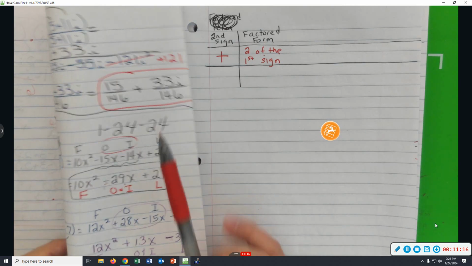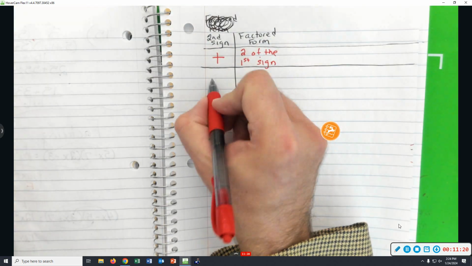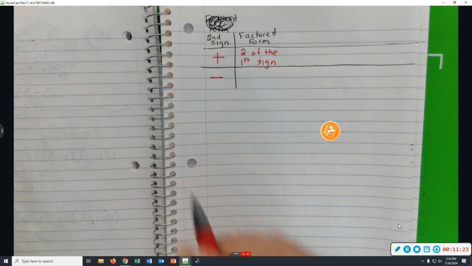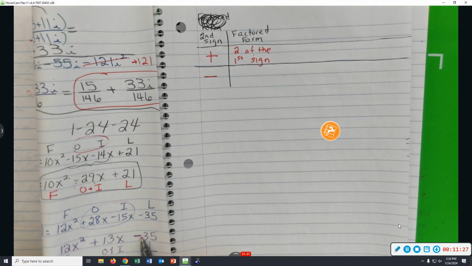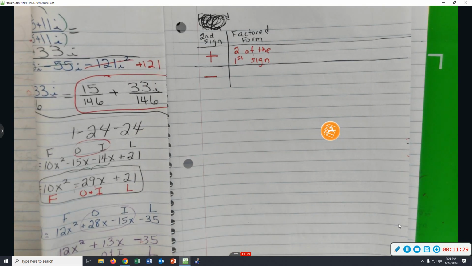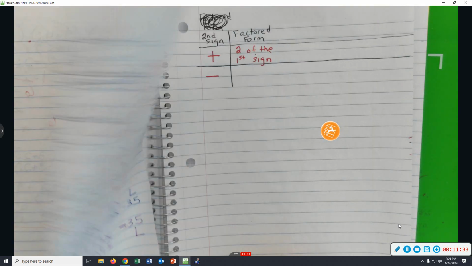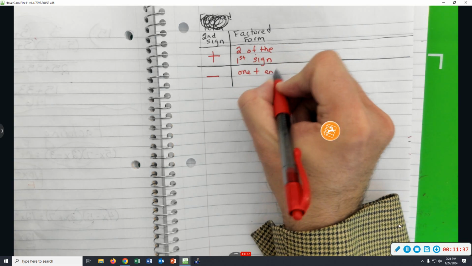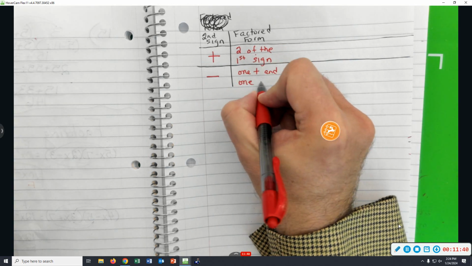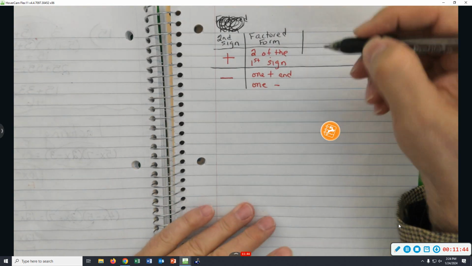And that factored form certainly has two minuses. Now, what about if the second sign is negative? If that second sign is negative, like right here, negative 35, then what does the factored form have? One plus and one minus. So I'll say one plus and one minus. I'm going to make two more columns of this table.